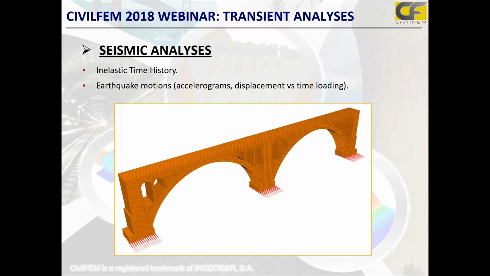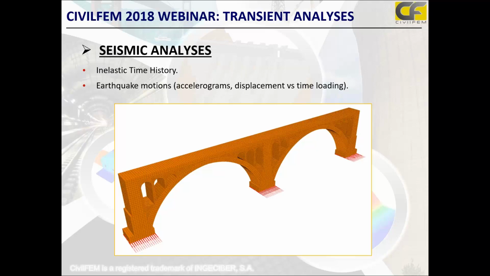Another way of defining transient loads is to take into account seismic actions, for example time history, or to include accelerograms or any other tables, for example displacement versus time loading.